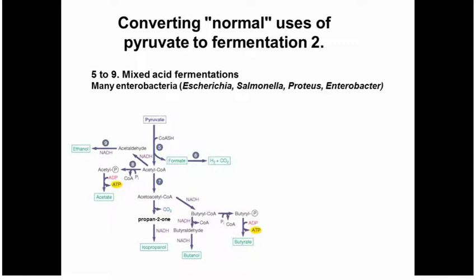So instead of oxidizing this pyruvate and reducing NAD+, what is thrown out as a product is not a highly oxidized form of carbon, that is CO2, but a slightly less oxidized form of carbon, which is formic acid.